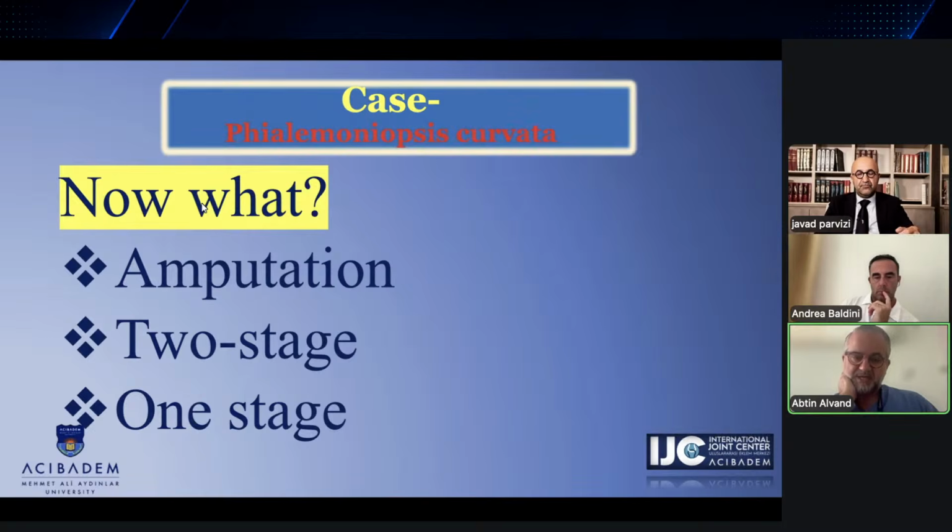And as Andrea said, although there are really good results from the American RCT, and also we did one in the UK, that one and two stages are similar, there's very little data on the multiply revised infected cases. So this would be probably a multidisciplinary meeting with the infection team to see whether they do have any local antibiotics that you could put in there for this organism, and whether we think that it's a treatable organism, how difficult is it to treat.